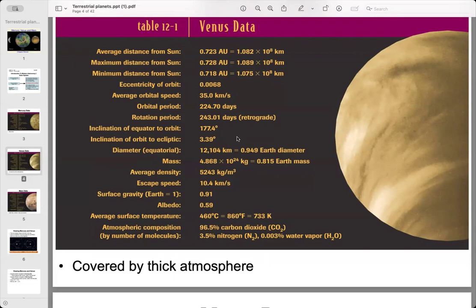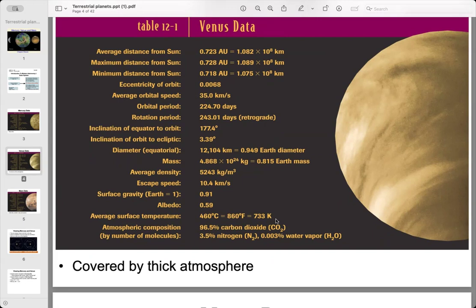Venus has a very thick blanket of atmosphere which retains heat due to greenhouse effect, and that's why it has a very high temperature. Its temperature is 860 Fahrenheit or 733 Kelvin, which is high enough to melt lead.